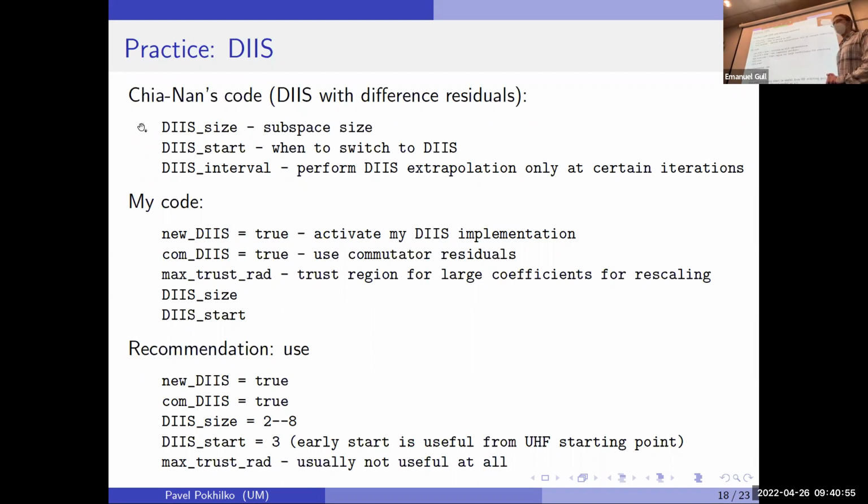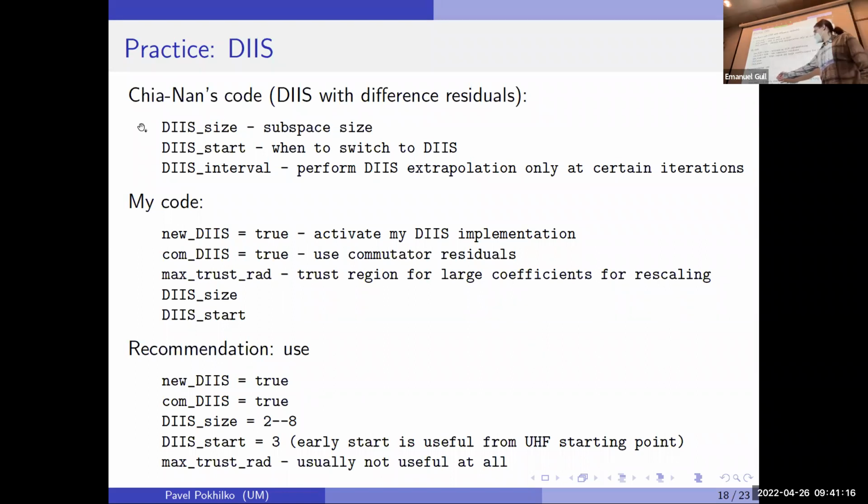But if you have a strongly correlated system, then maybe going to bigger subspace sizes is necessary because it will stabilize the behavior of iterations. But again, it shouldn't be too much. So for the nitrogen molecule, just 5 subspace vectors was enough to have a very stable convergence.